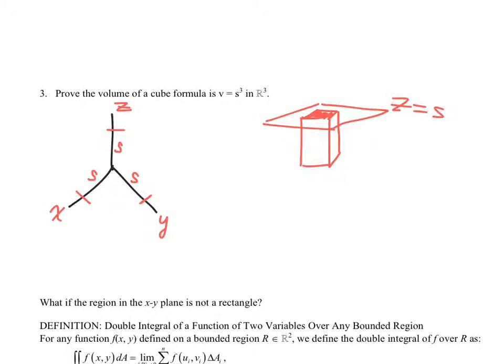I don't know that I could successfully get the XY plane below that, but imagine that there's an XY plane right here, and you have the z equals s plane.